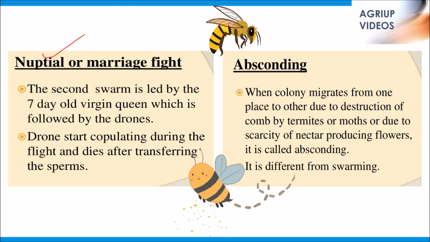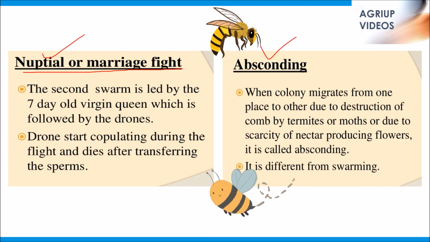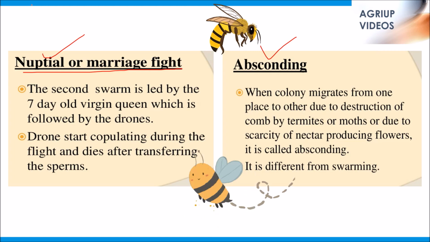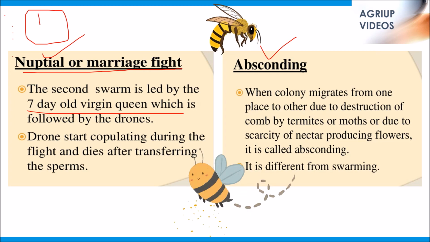Talking about the nuptial or marriage flight and the process of absconding, what are these? Nuptial flight, or the marriage flight, is the second swarm when led by the 7-day-old virgin queen, followed by the drones. There are many drones coming with one queen.